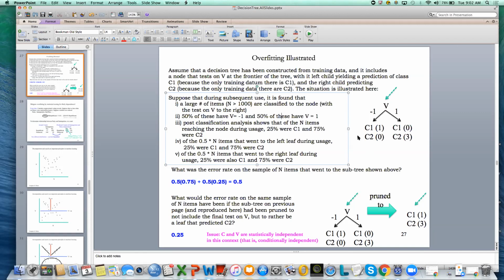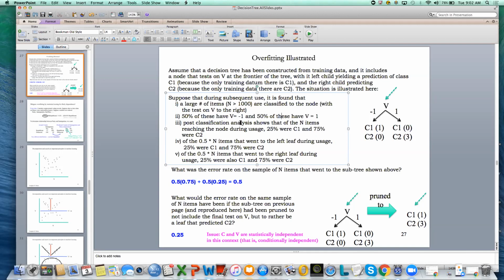But for the half of the items that come here, I'm always predicting C1, even though the majority are C2. For the items that come here, I'm making a correct prediction. I'm correctly predicting C2 for these, but not for these.